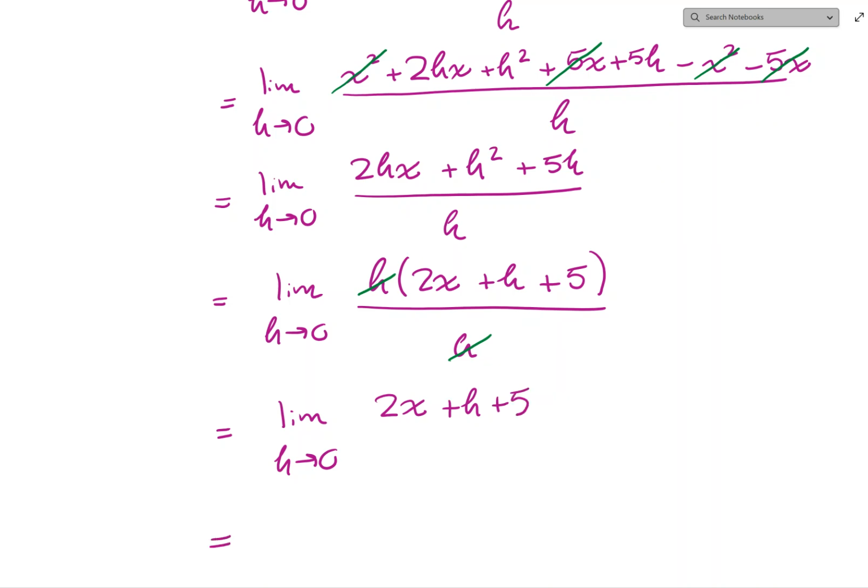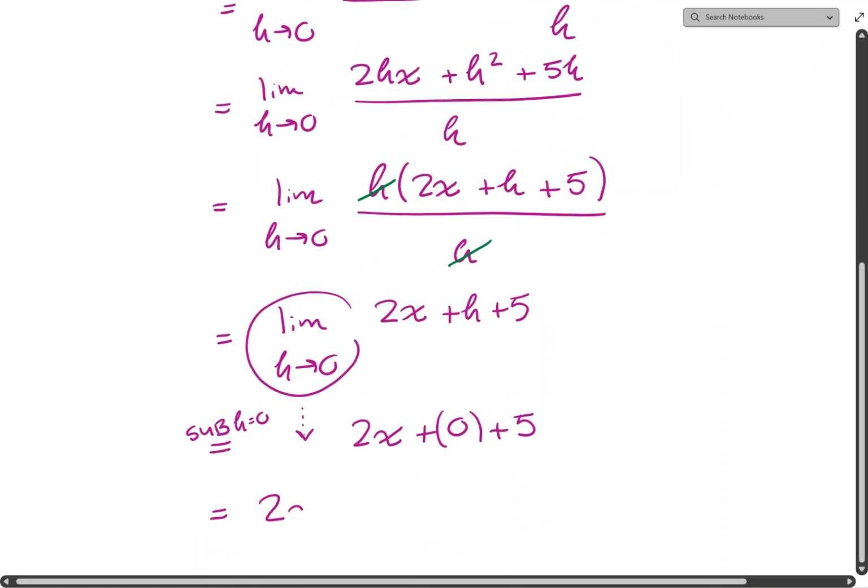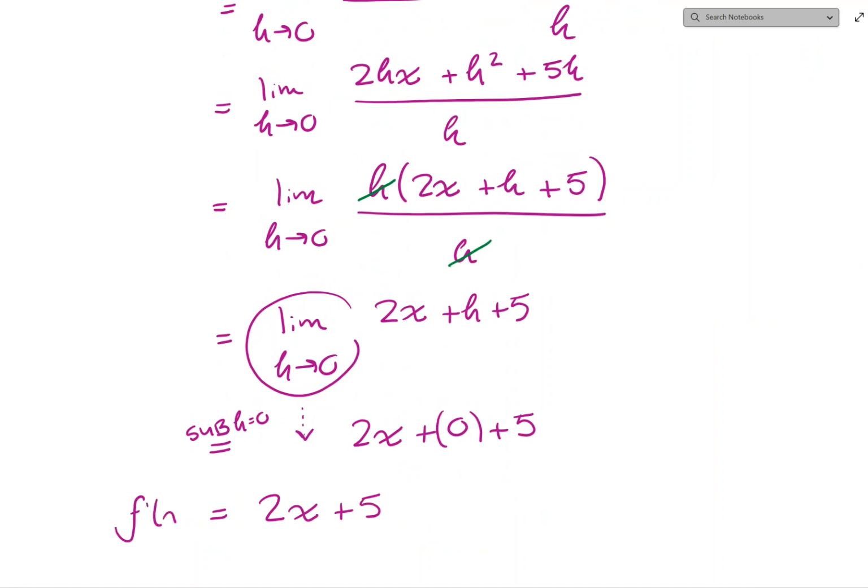And now we confidently don't write it down because we are now substituting h equals 0. So we have 2x plus 0 plus 5. And at the end of the day, we get 2x plus 5. And this is the derivative of the function.